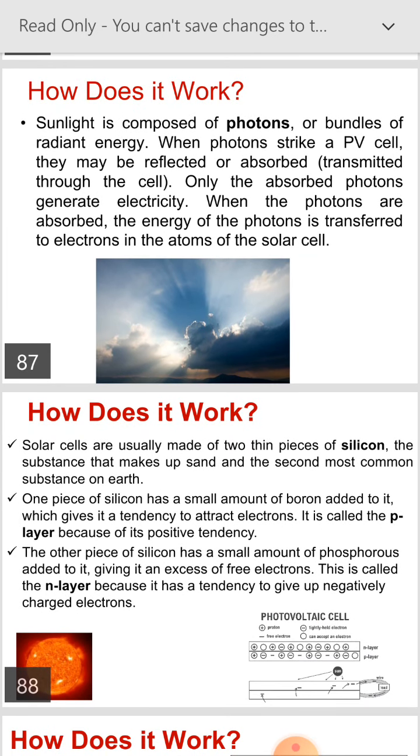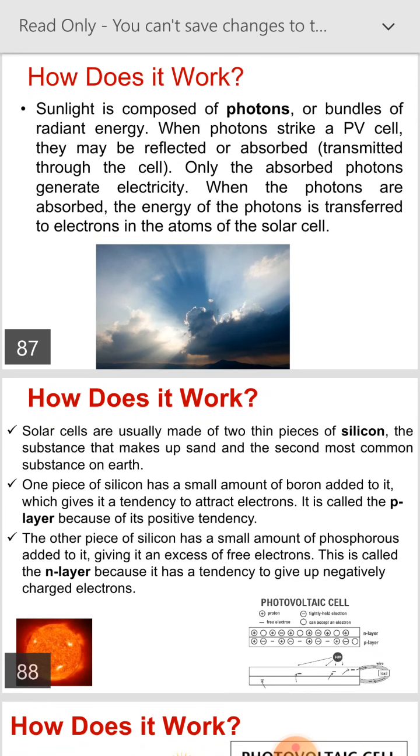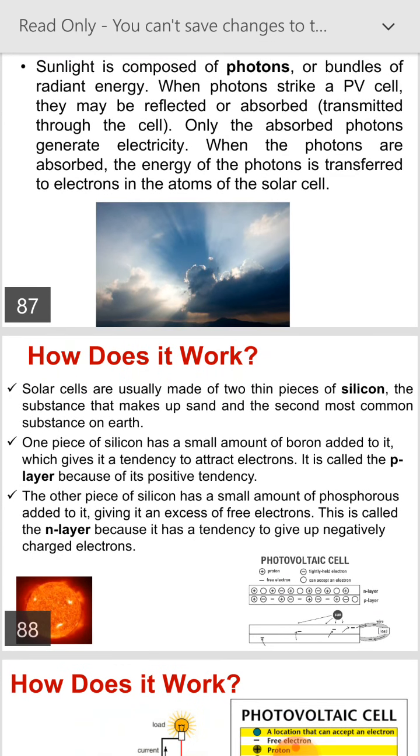Solar cells are usually made of two thin pieces of silicon, the substance that makes up sand and the second most common substance on earth. One piece of silicon has a small amount of boron added to it, which gives it a tendency to attract electrons.